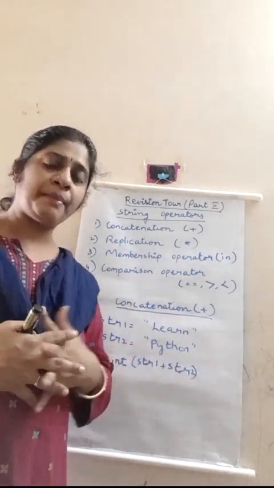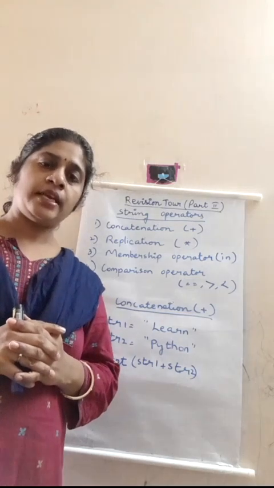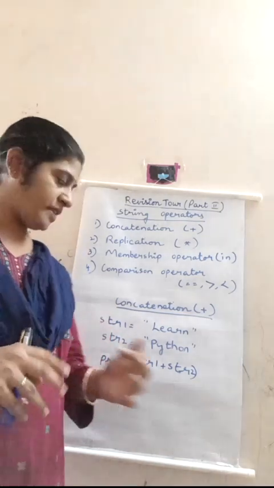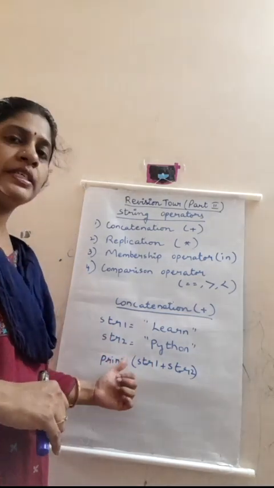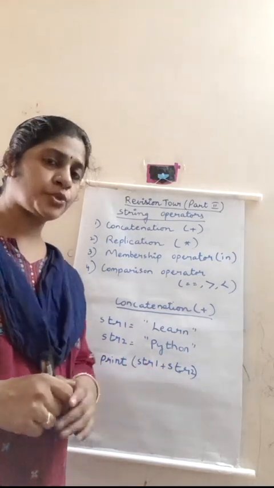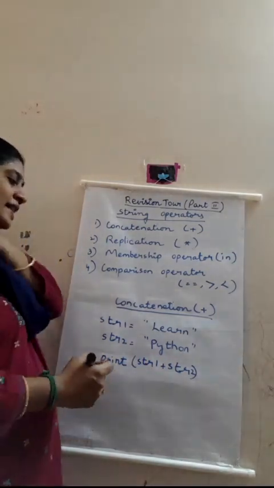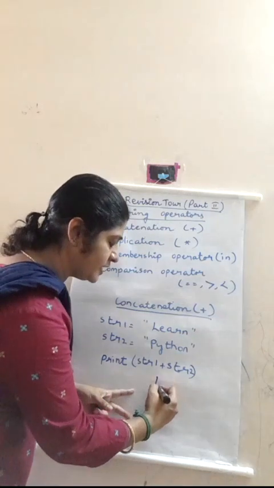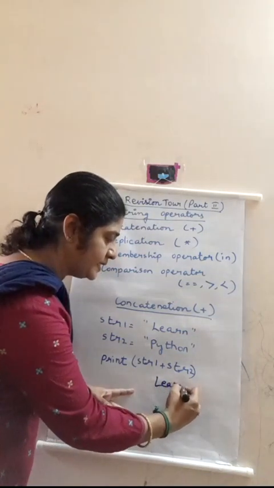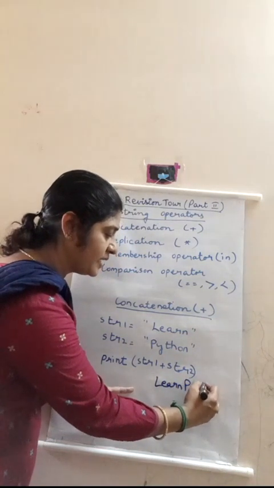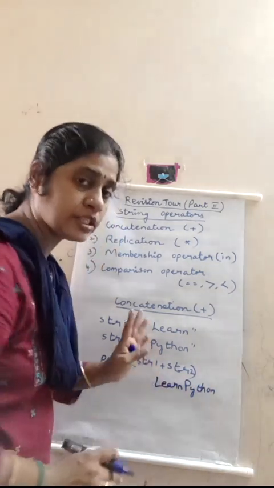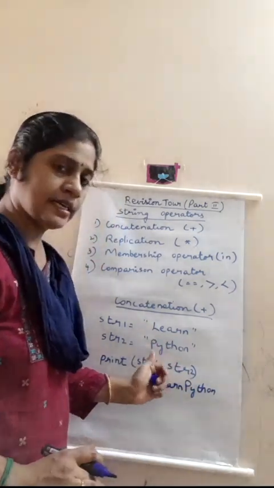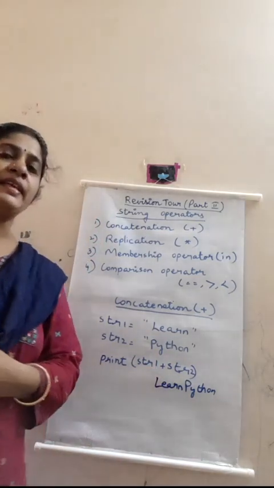Now if I want to combine these two strings, I can use the plus operator over here and write print str1 plus str2. This will display the answer as learn Python. It will combine these two strings without space and display the string.